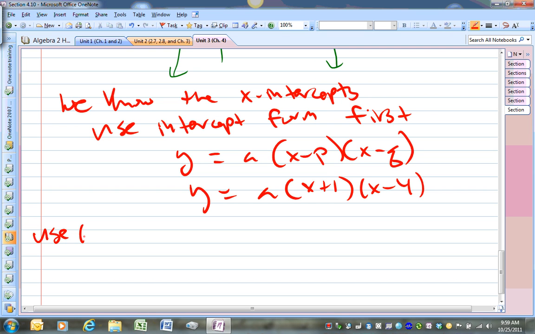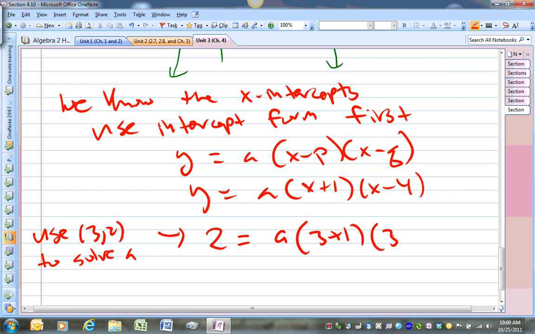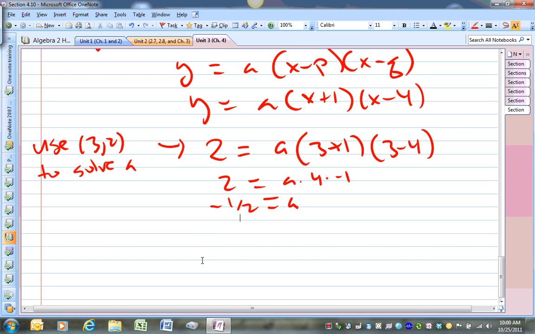Just like how we used the extra point to solve for a in number 1, we're going to use 3 comma 2 to solve for a. So 2 equals a(3 plus 1)(3 minus 4). A times 4 times -1, a equals -1/2. So here we have our equation.